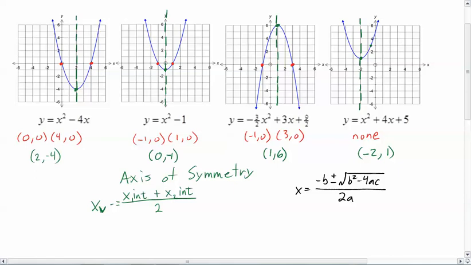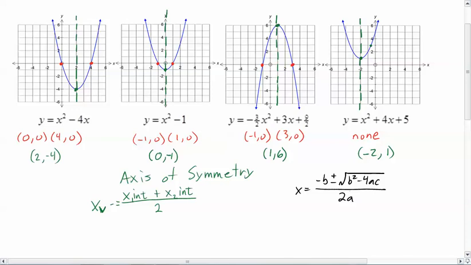The discriminant determines how many x-intercepts there are. We haven't talked about the negative b over 2a yet, but we have talked about the discriminant. We talked about the fact that if this is 0, I'll only get one x-intercept because when I add or subtract 0, it'll give me exactly the same thing.